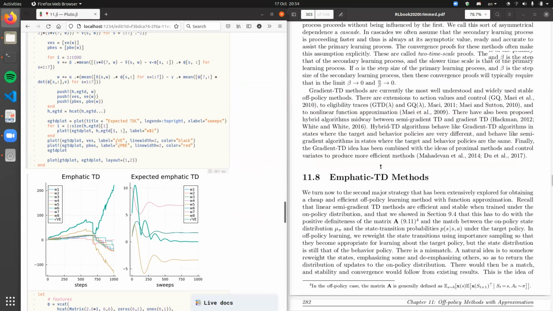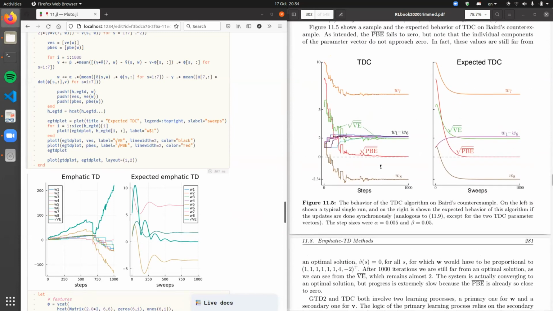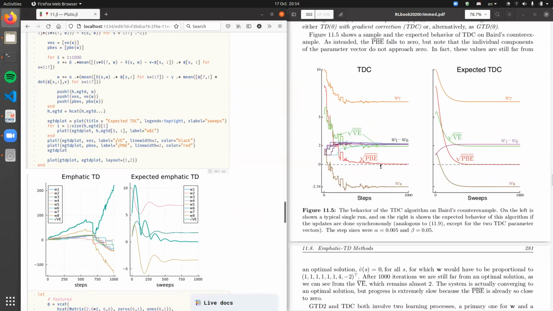Okay, so that is one possible solution for this problem, but again, you can see here that as we optimize the projected Bellman error, our value error might still remain far away from the optimum. And once the projected Bellman error is close to 0, the updates are really tiny and we are converging very slowly.